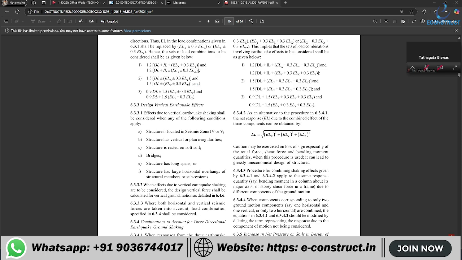So for SRSS, the comparison should be there with CQC, which is complete quadratic combinations. So SRSS means square root summation of squares, and CQC means complete quadratic combinations.